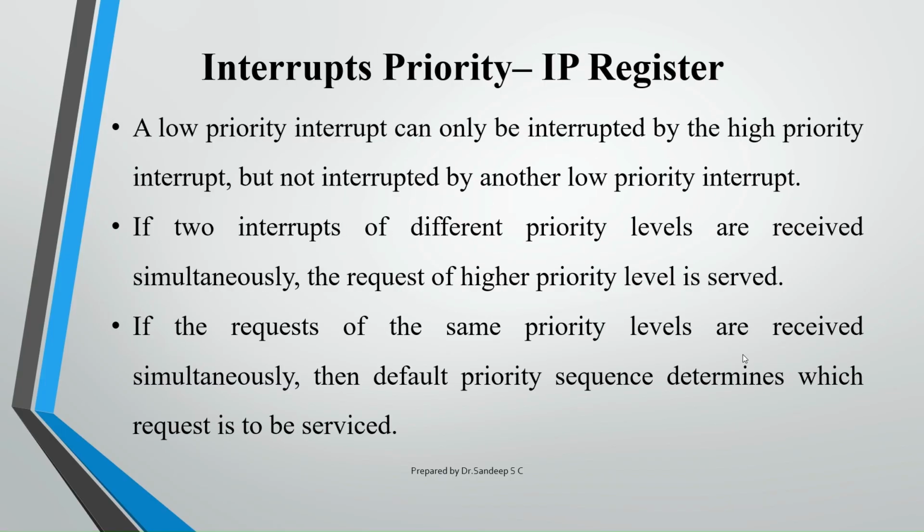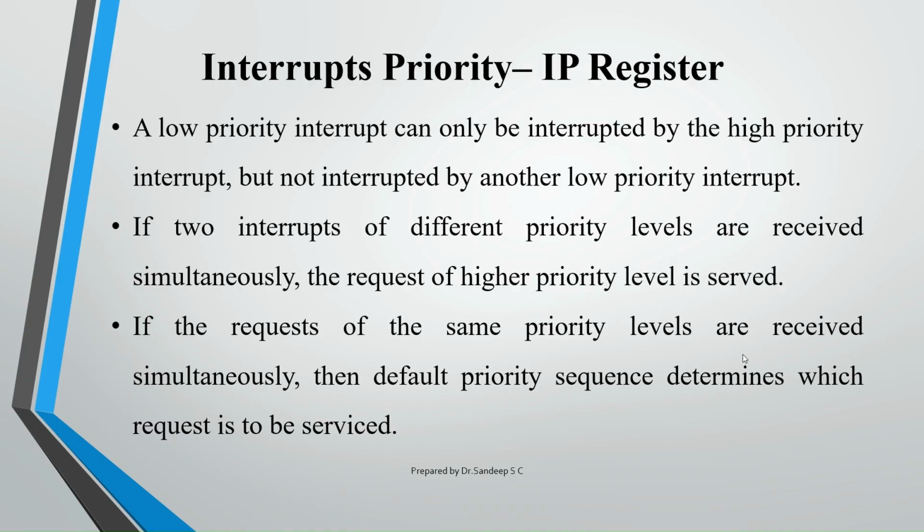Now, once we have interrupts, we have to decide which interrupt is important and which is not. For that, we have priority management, and there is an interrupt priority register. If a low priority interrupt is executing, then a high priority interrupt can preempt it, or interrupt the lower priority interrupt.